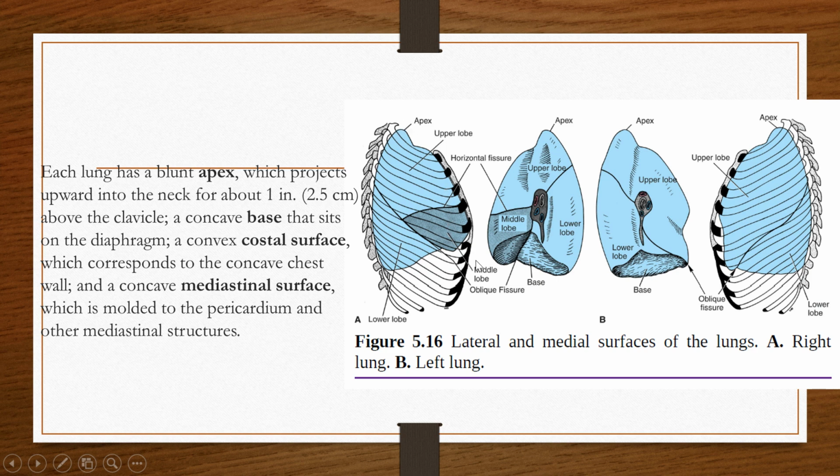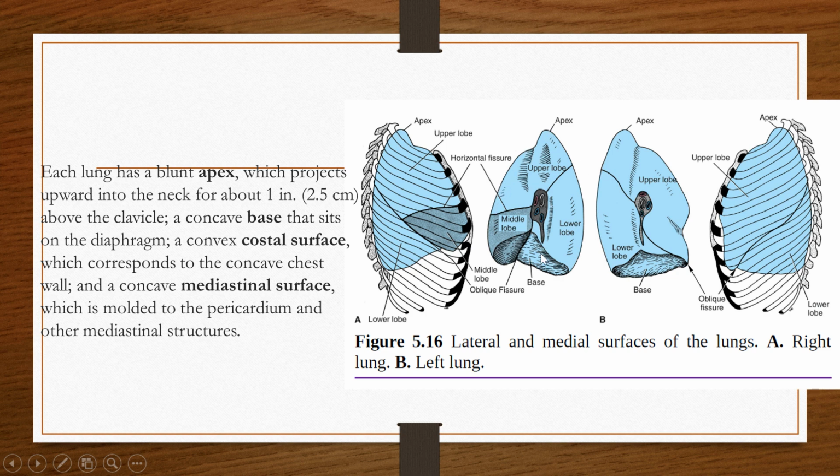Number 2, there is a concave base of the lung. The base sits on the diaphragm. See here in this diagram also, this is the base, or the inferior surface, or the diaphragmatic surface. Number 3, there is the costal surface, which corresponds to the concave chest wall, and there is the concave mediastinal surface.